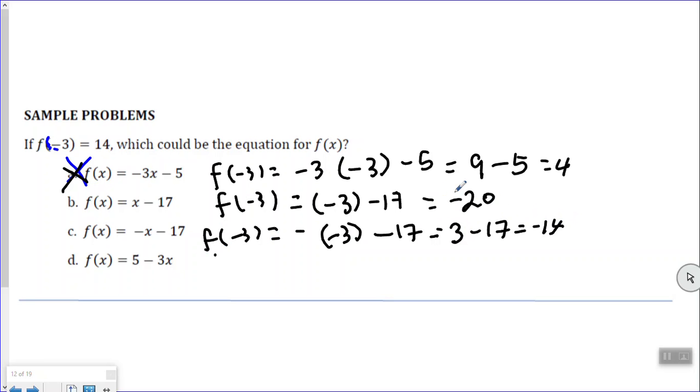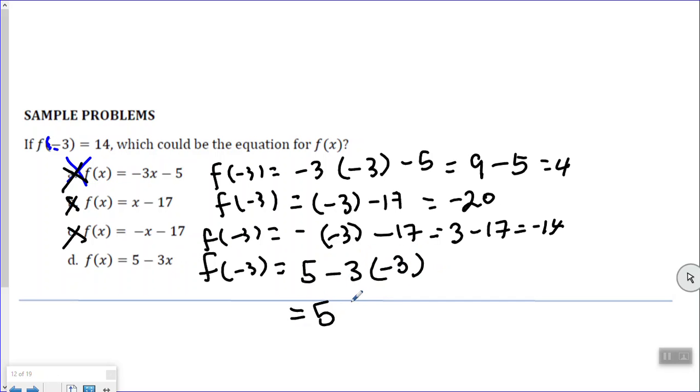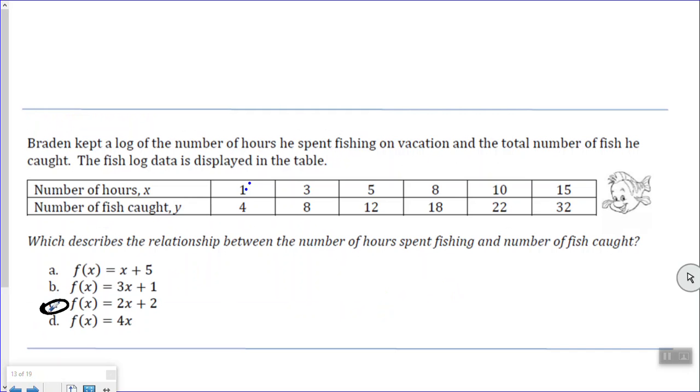So these are not 14, so obviously it has to be D, but let's try. f of negative 3 equals 5 minus 3 times x. I put parentheses where you have x and plug negative 3 here. 5 minus negative 3 times negative 3 is positive 9, which is 14. I'm going to skip the next problem, but the answer is C.